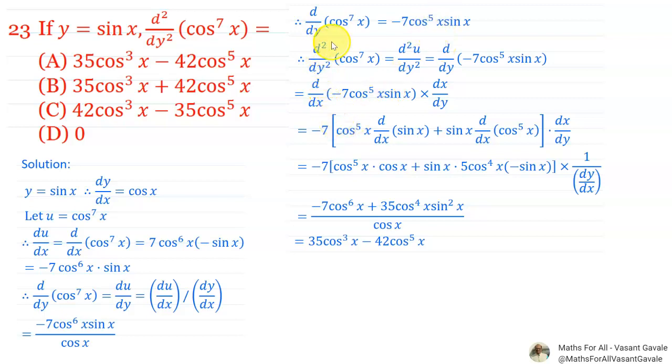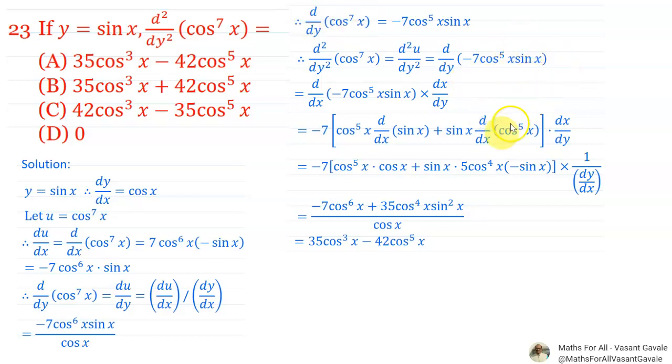Next, d2u upon dy square of cos of x raised to 7 is equals to d by dy of minus 7 cos of x raised to 5 into sin x.